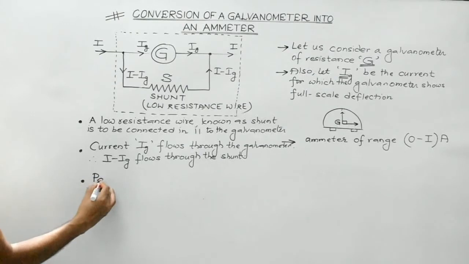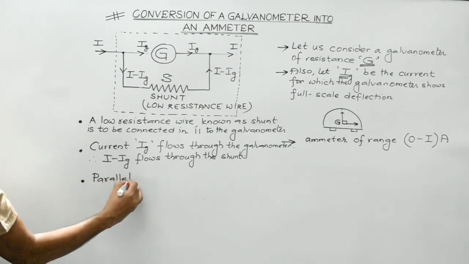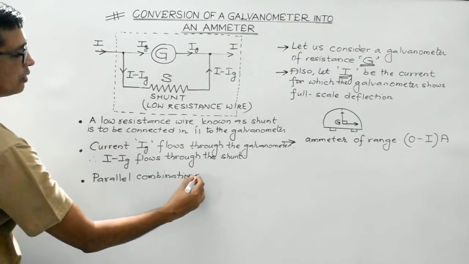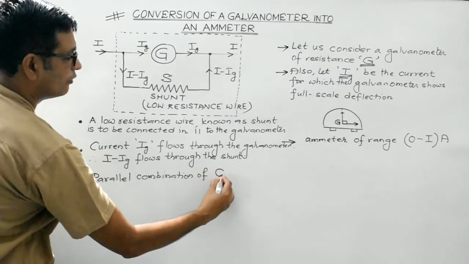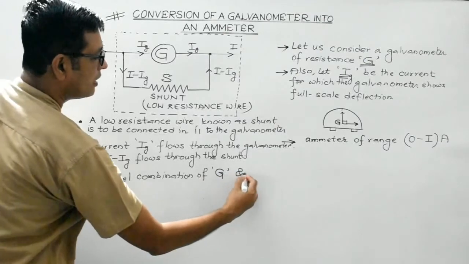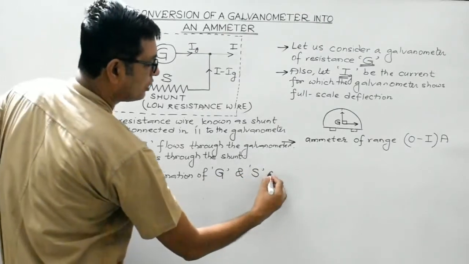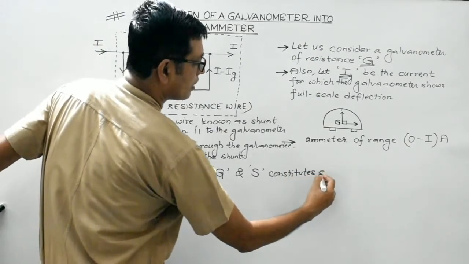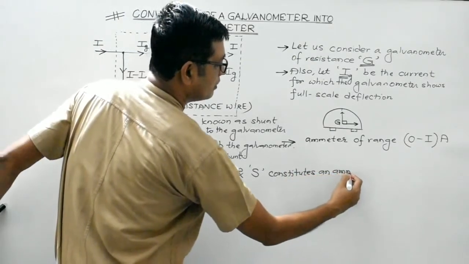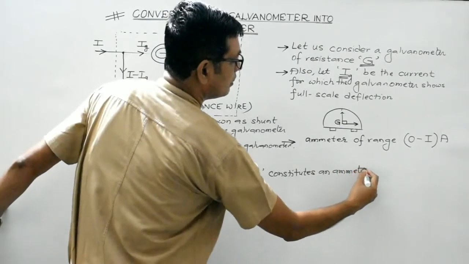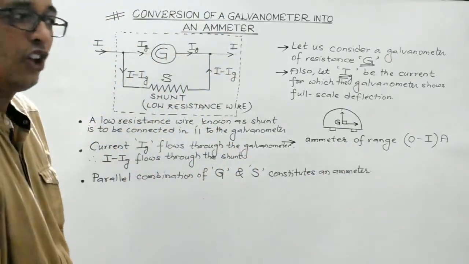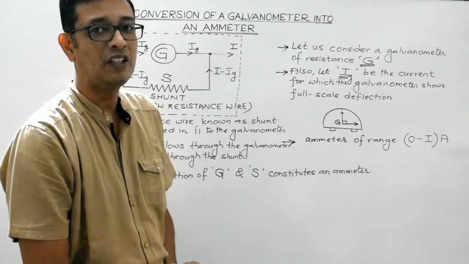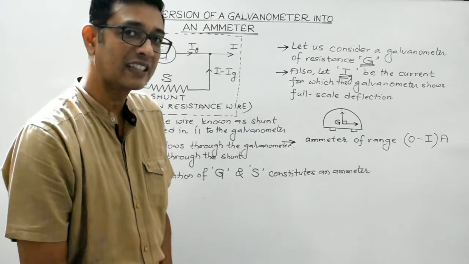So the parallel combination of galvanometer and shunt constitutes an ammeter. Right, students? Now let us find out the mathematical value of the shunt in terms of the resistance of the galvanometer, that is capital G.